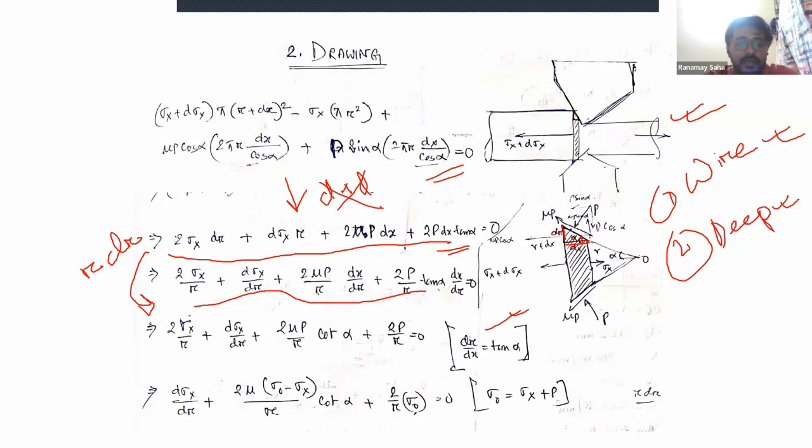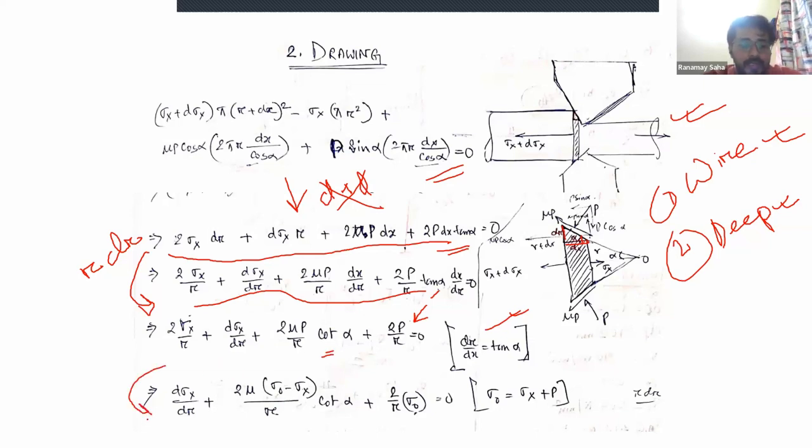You just replace that, so it is dx by dr, so it becomes cot alpha. Okay, and here tan alpha and cot alpha become 1, so in this case it goes away, but here it comes.